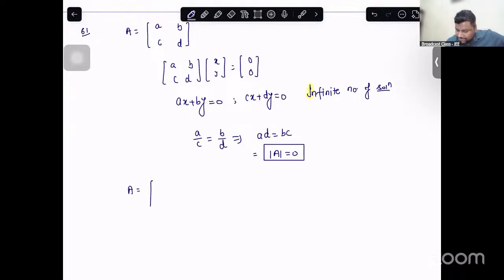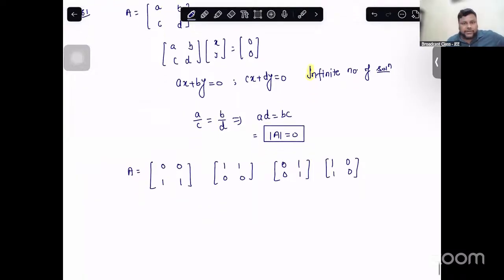If your A is like this, two zeros, two ones, or two zeros, two ones, or two zeros, two ones, or two ones, two zeros. One of few of the four cases. All right.